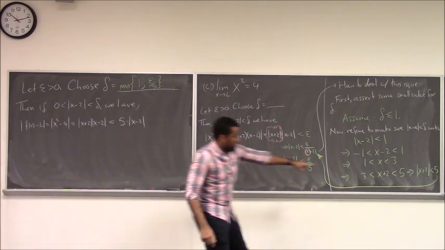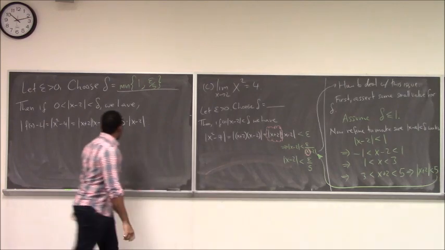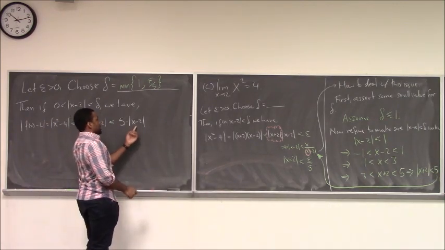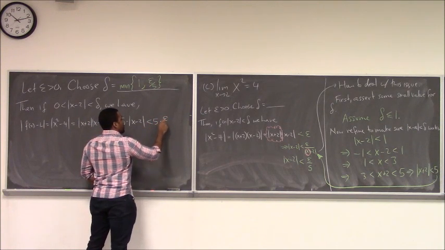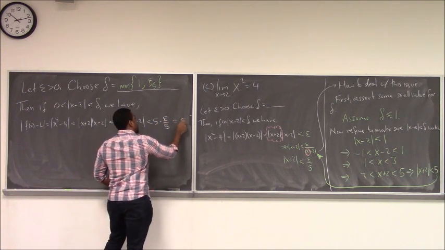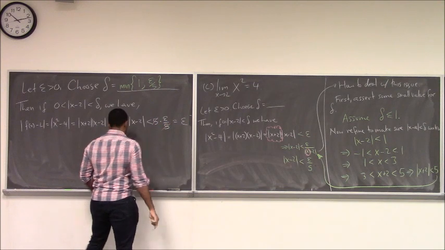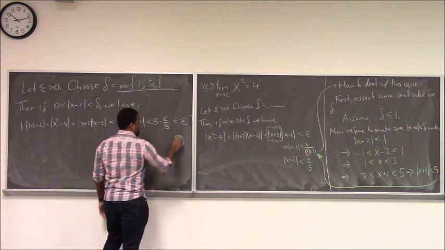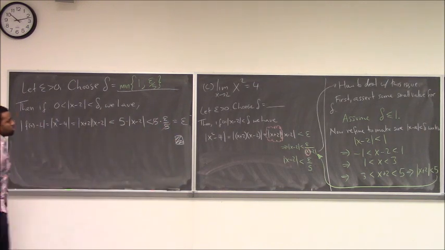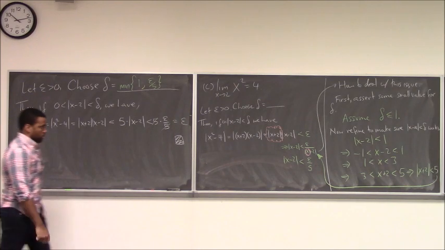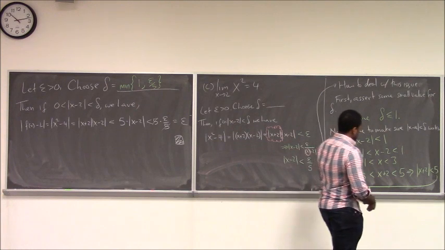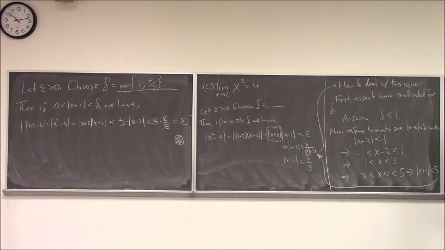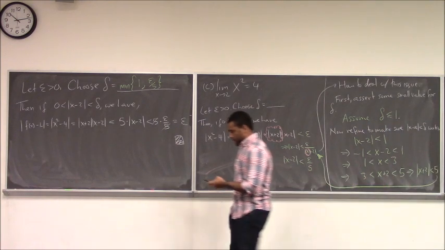We've discovered that here. So now once I replace this guy with epsilon over 5, that gives me the epsilon in the end. And that's the hardest kind of problem you'll get here in this class.